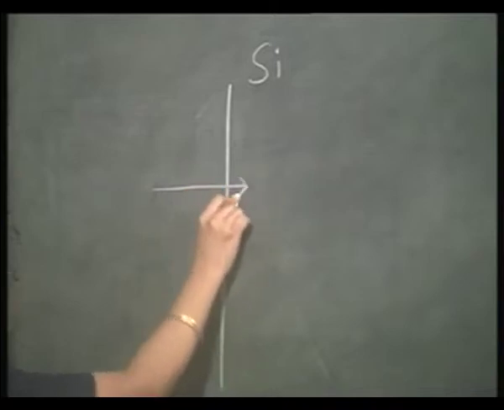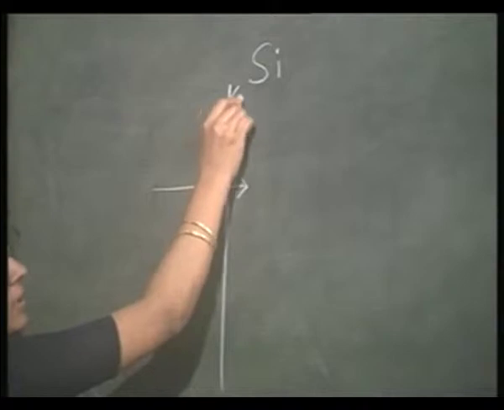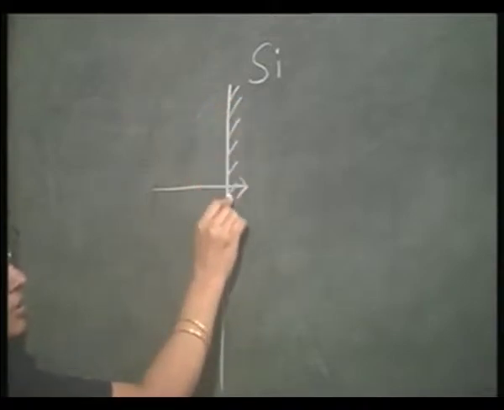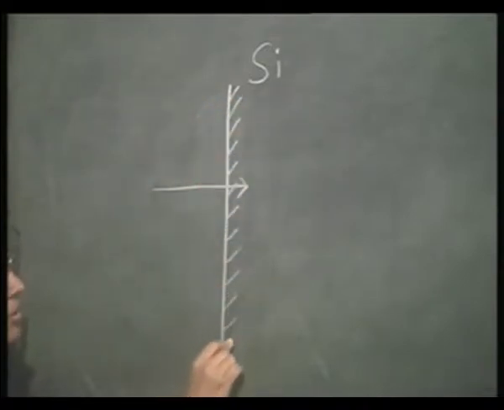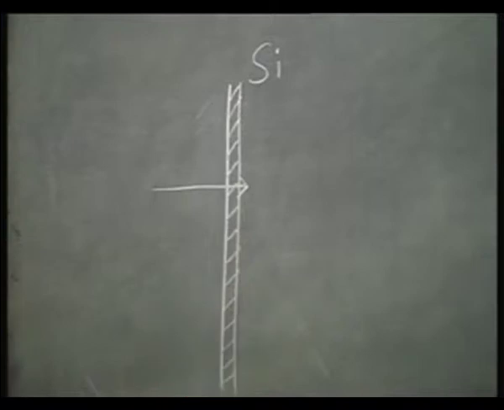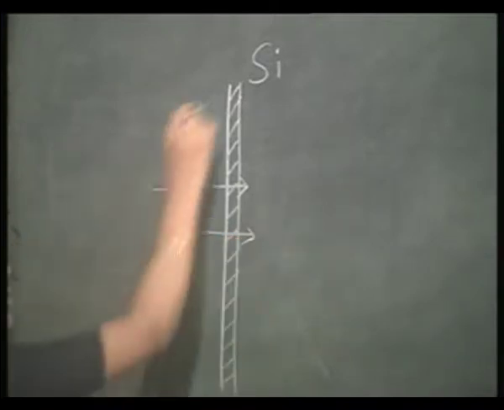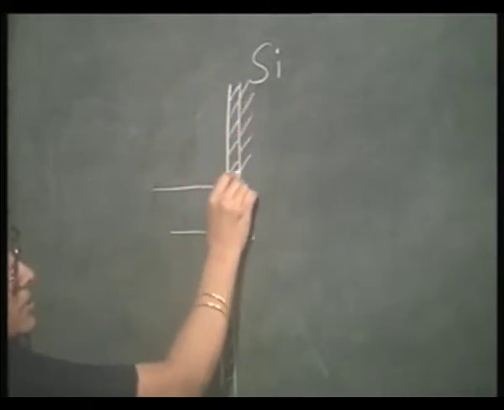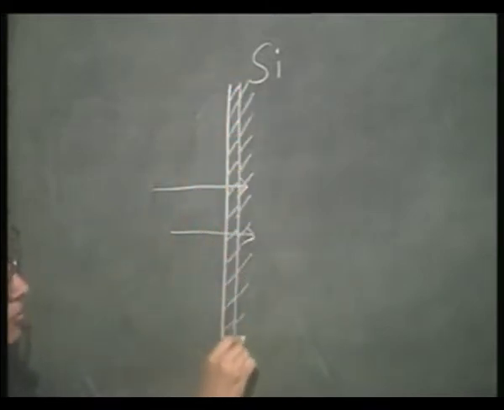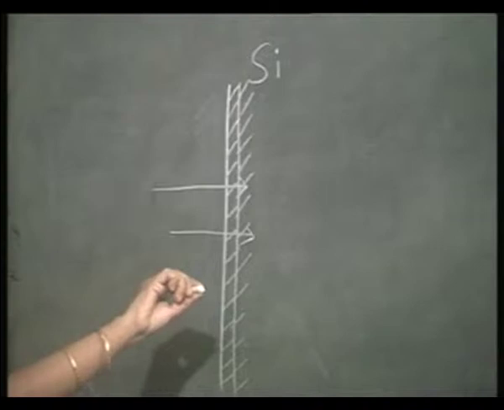The other possibility, the oxidizing species move in and react at the right of this interface, so that oxide is formed like this. Then this whole layer is converted into oxide. Oxidizing species continue to move in. So, further reaction takes place again on the right of this interface. In other words, the oxide grows in this direction.